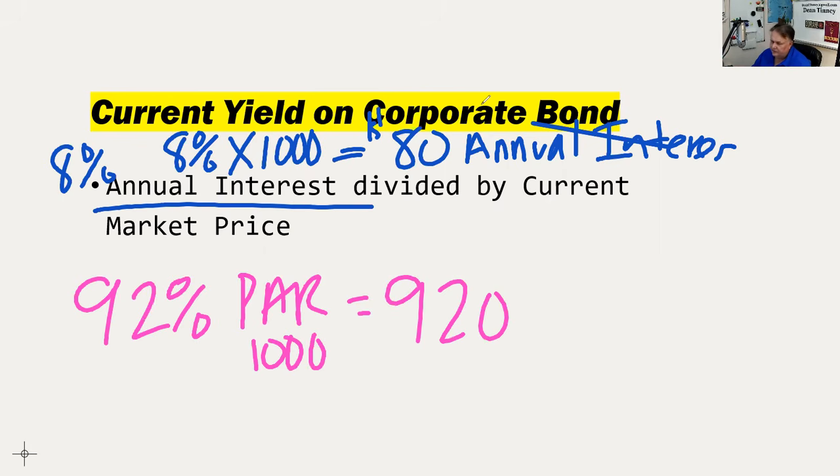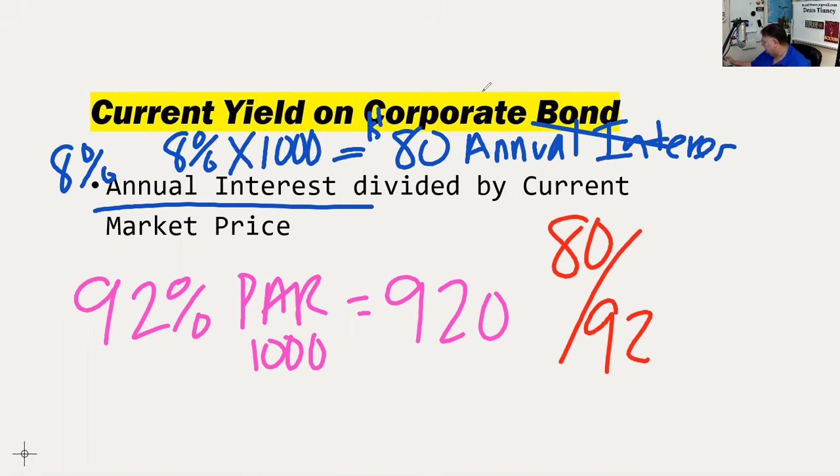Now that means, P.S., this isn't a lecture on interest rates, or on yield to maturity and yield to call, but interest rates have gone up, and that's why this bond has gone down. And then what we do again is what it pays me, $80 in annual interest, divided by what it costs me. Let's get our calculator.